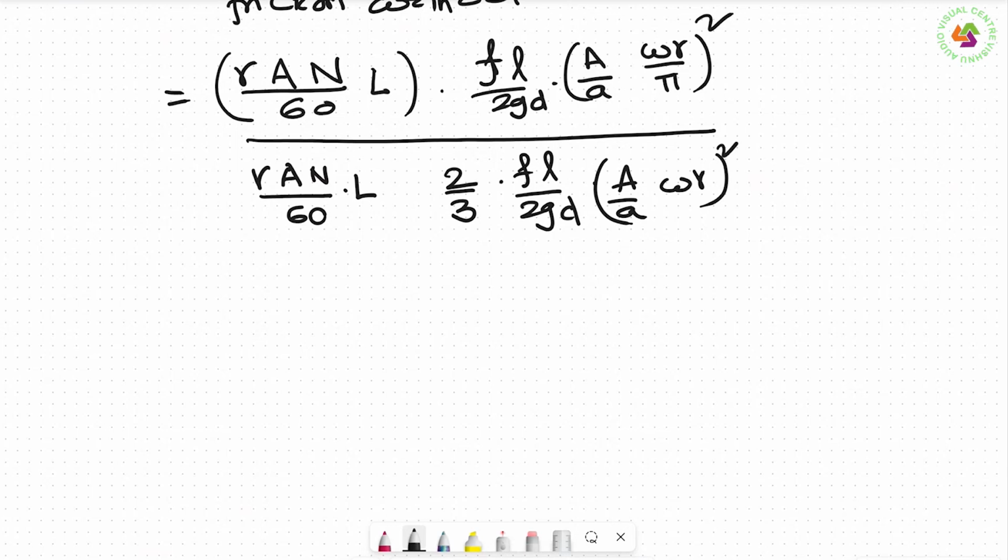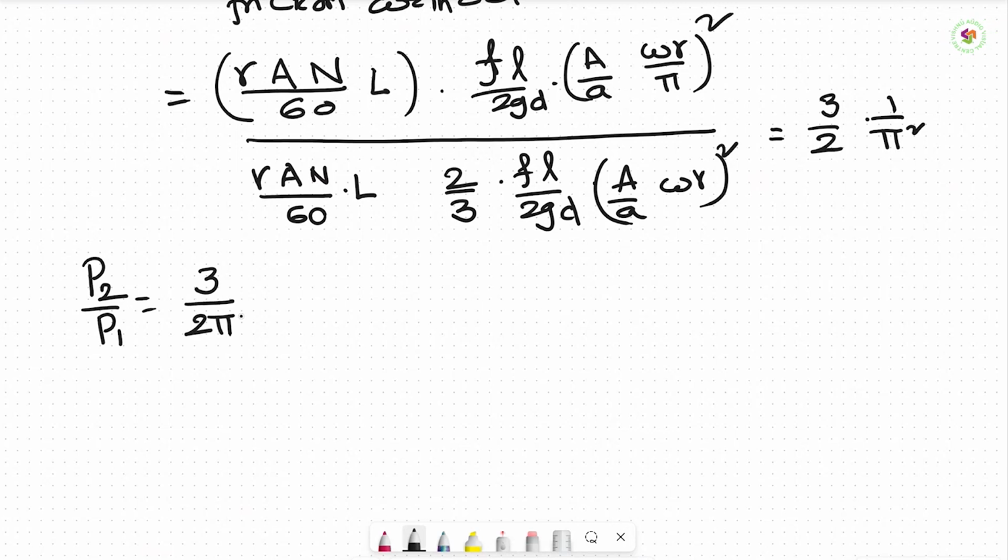Now if you cancel, FL by 2gD goes, A by a goes, omega R all go. What remains is 3 by 2 into 1 by pi square. So P2 by P1 is equal to 3 by 2 pi square. This is what I will get.